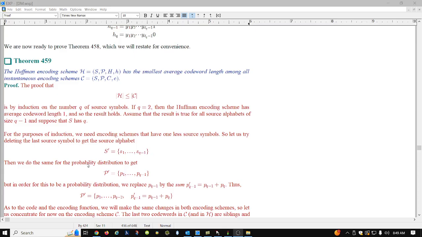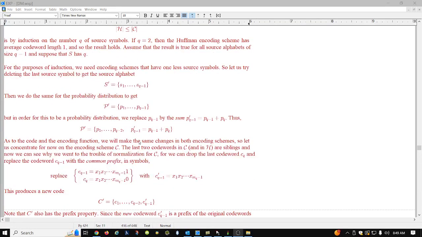Well, we've got to fix the probability distribution as well. And we can't just lop off the last probability, because remember, the probabilities have to be non-negative and sum to 1. So if we lop off p sub Q, we need to adjust p sub Q minus 1 to take up the slack.